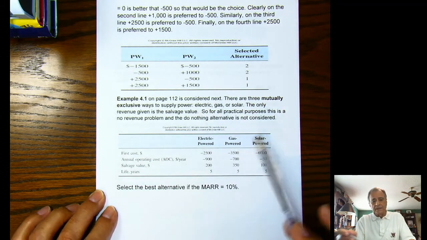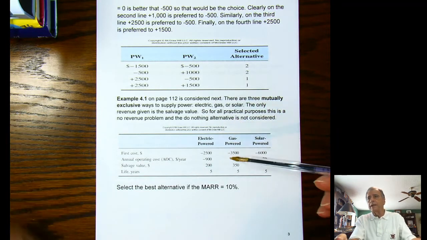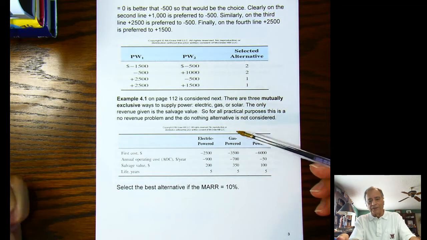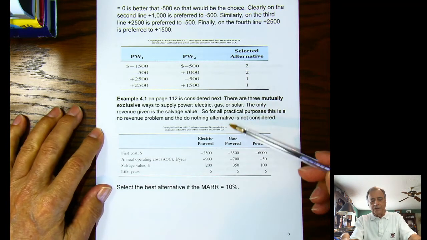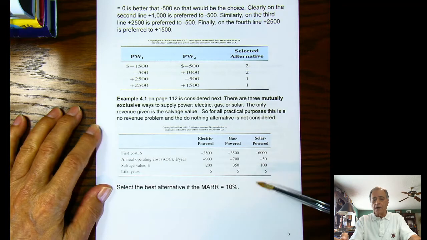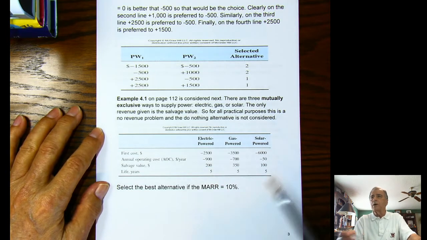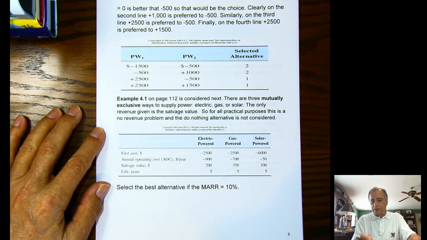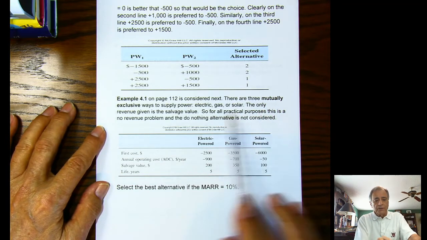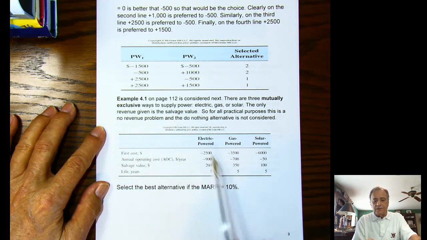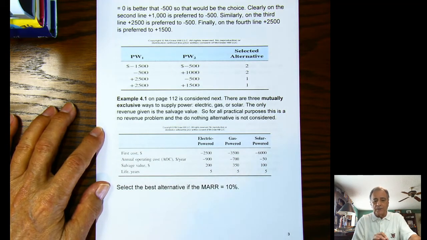Now, basically, supplying power does some good, and we're not sure what the revenue is, so the only things that are listed are costs. So we're in a cost minimization, and the do-nothing alternative is not being considered. So the only revenue given is the salvage value. So that's the only positive cash flow here.